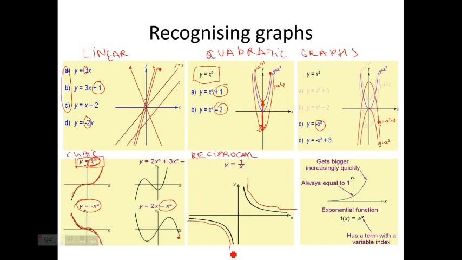The next ones we are going to do are called reciprocal, and they are always in the form y = some number over x. So the one that's on the screen now is y = 1 over x.